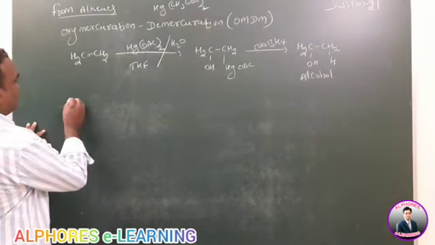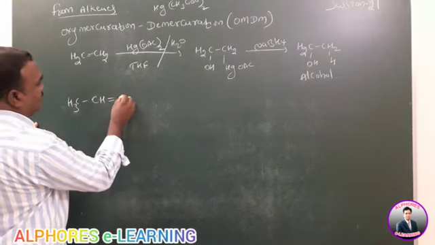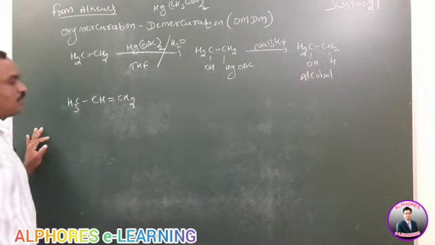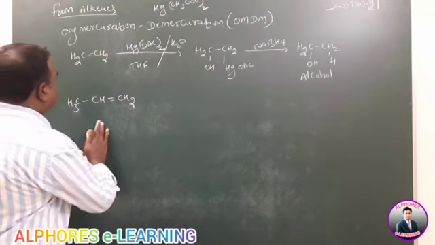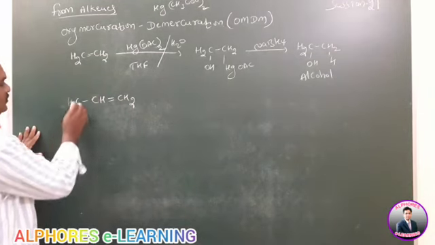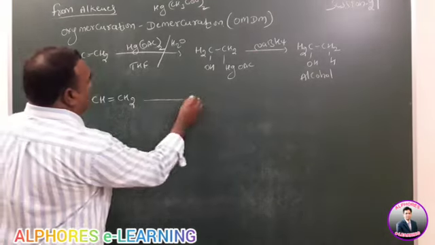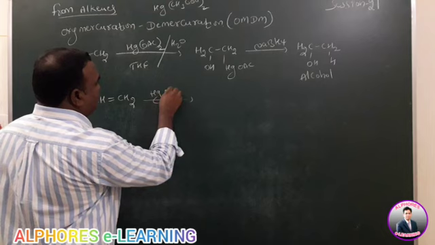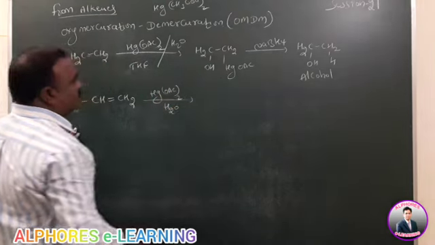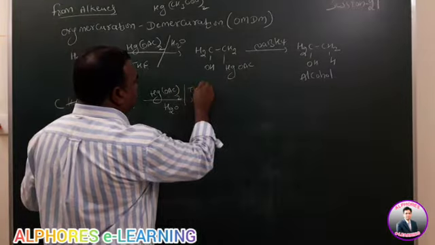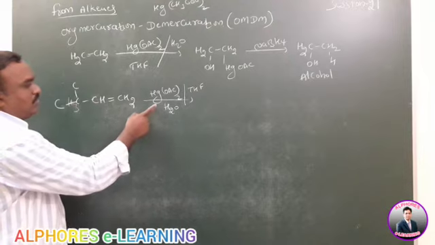For example, here CH3 is given, here CH double bond, again CH2, with an extra carbon, this one. So the first step is the mercuration step, with the nucleophile OH minus and mercuric acetate.